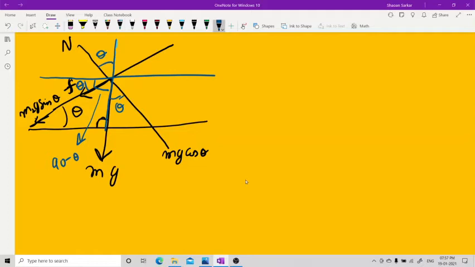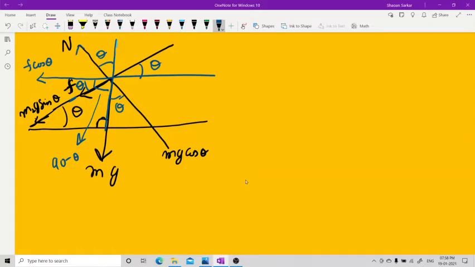And if this comes out to be theta, then this is also theta, vertically opposite. Now the f is in this place. So f you will resolve, you will have two things. Now I'll take f as f cos theta in this sense.